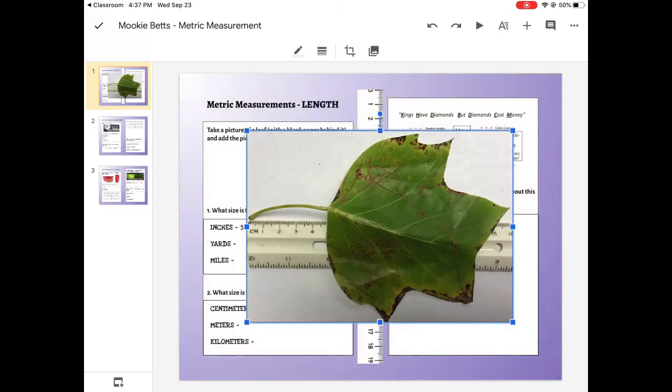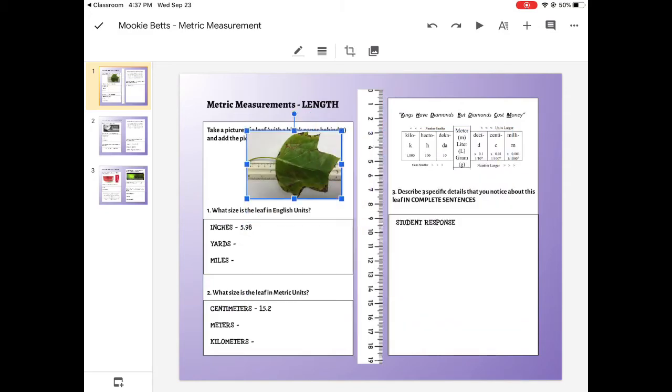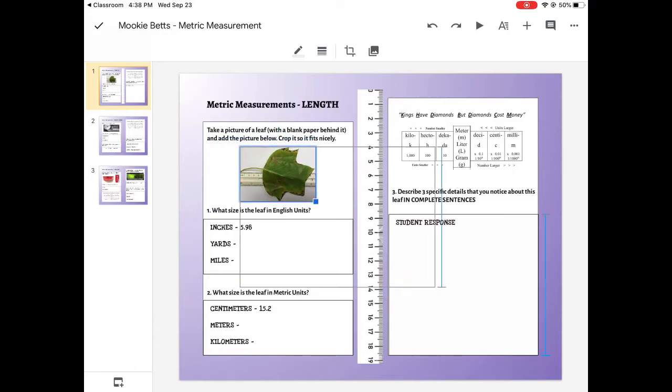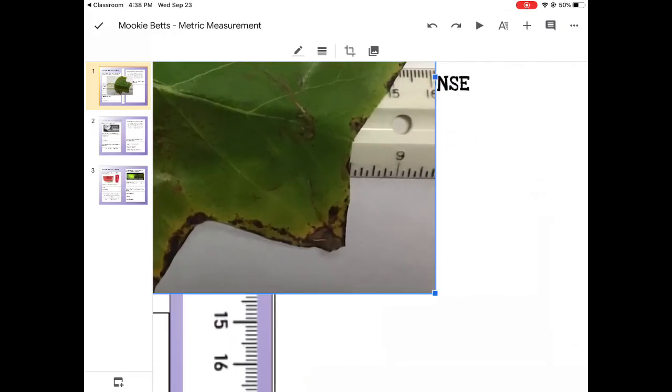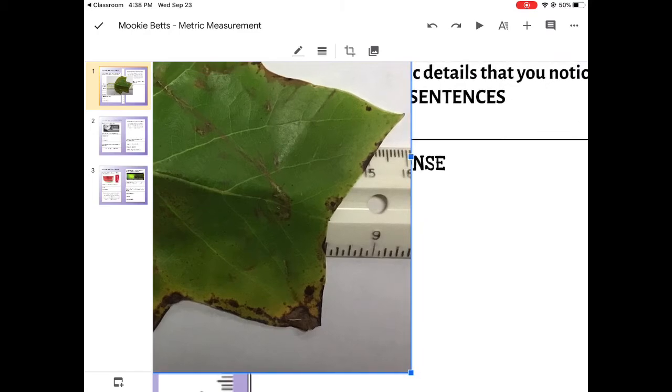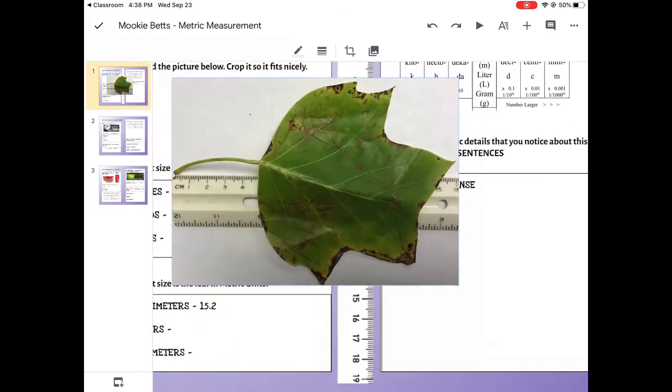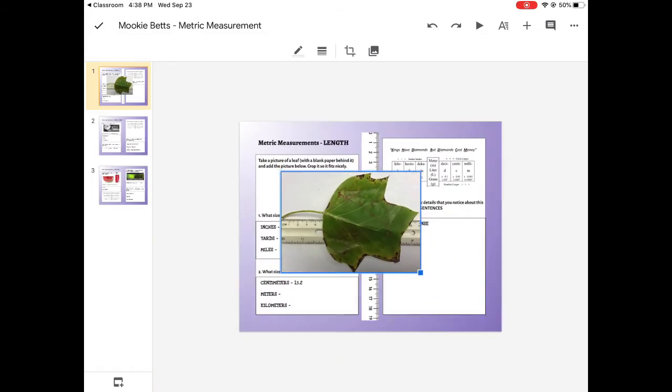I hit the check box, and now I can grab a corner and shrink it down and put it in its spot. Now I actually needed to look at that more carefully to see what I got to, and I got to almost 16 centimeters if I'm looking at that. So 16 centimeters is what I need to record.